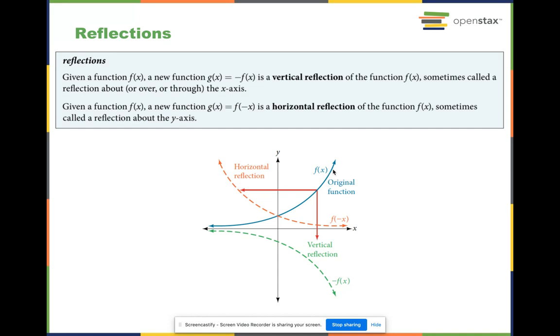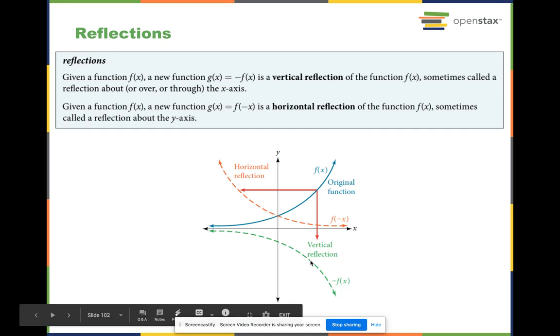As an example, in this graph, our blue function is our original function, and this green function is our vertical reflection. The way that happens with the equations is it becomes negative of the original function. And you can see why.